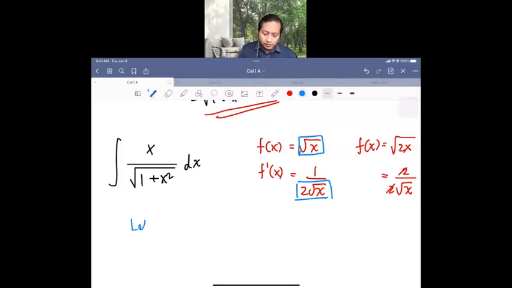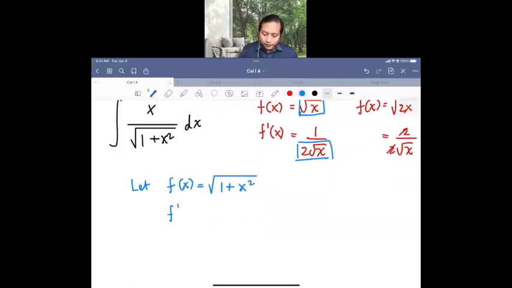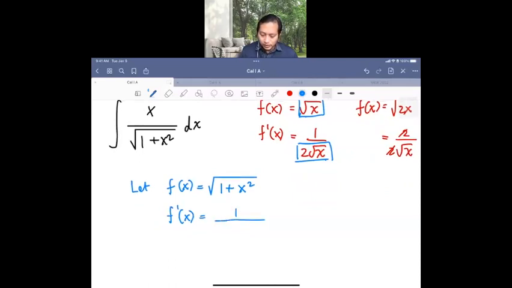Now let our f be the square root of 1 plus x squared. We will have our derivative 1 over 2 square root of 1 plus x squared multiplied by 2x, and cancel. I think this is the same result, right?